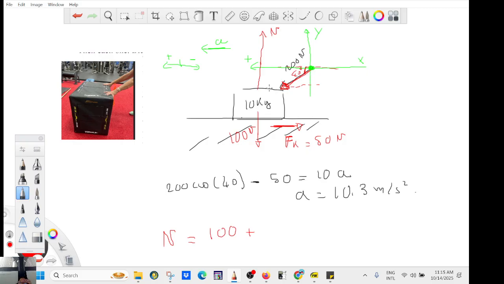Obviously, I'm going into the ground, so I'm going to increase it, like if you have a bathroom scale, it's going to read more. So it will be 200 sine 40. Okay? On a practical level, if you're pushing in, would that not increase the friction?